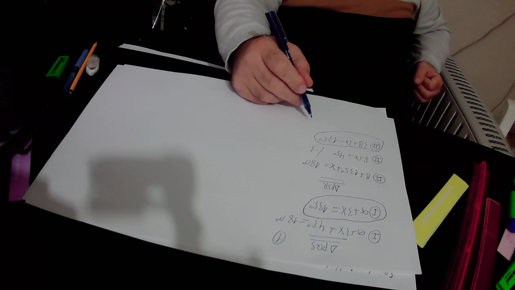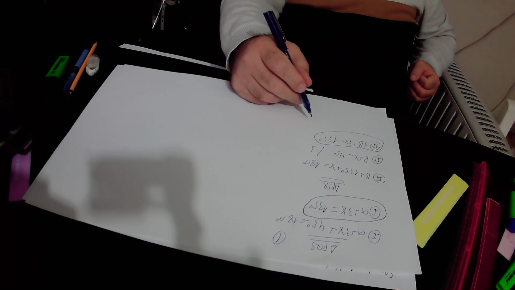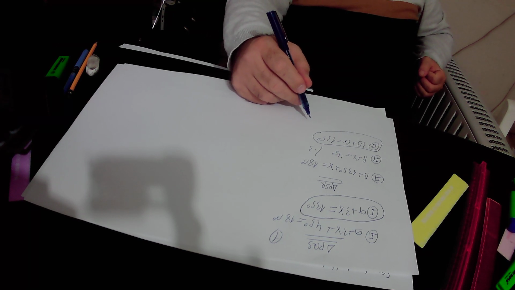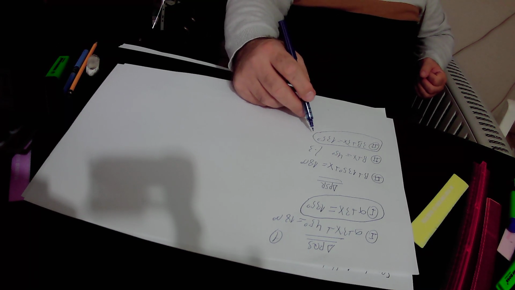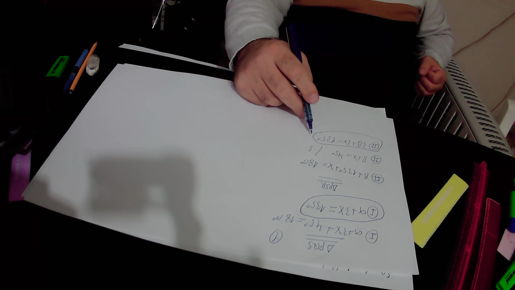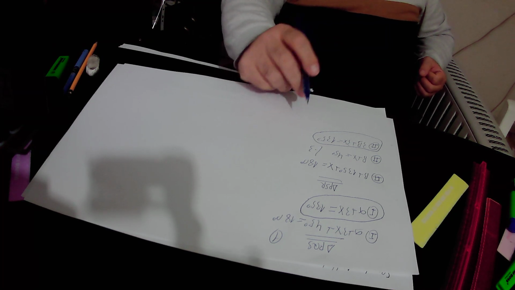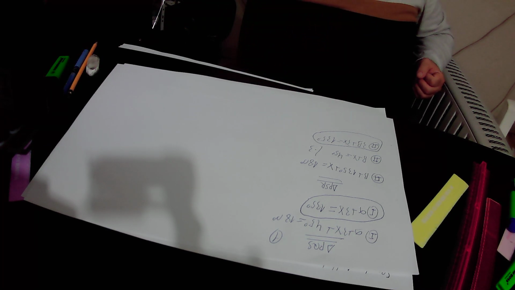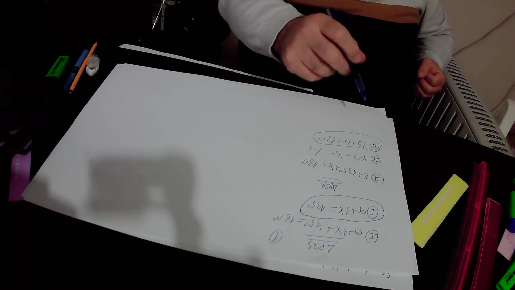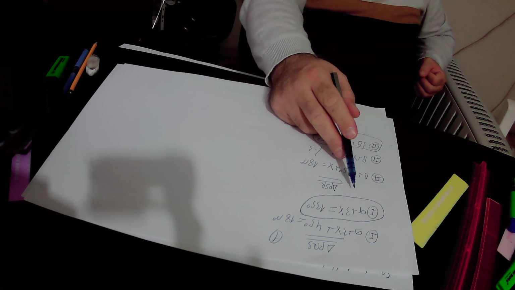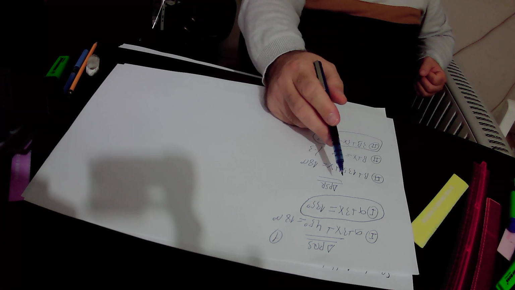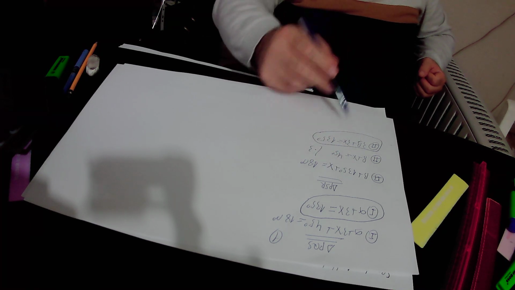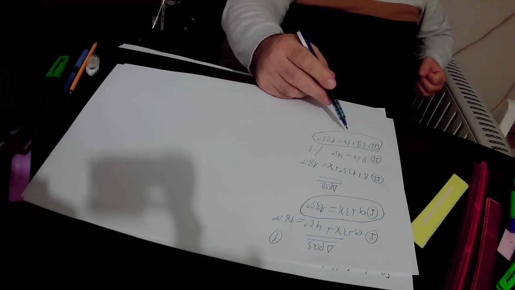Because the right side of both equations is equal to 135 degrees, we can create equation number 3, which states that the left side of equation number 1 equals the left side of equation number 2.